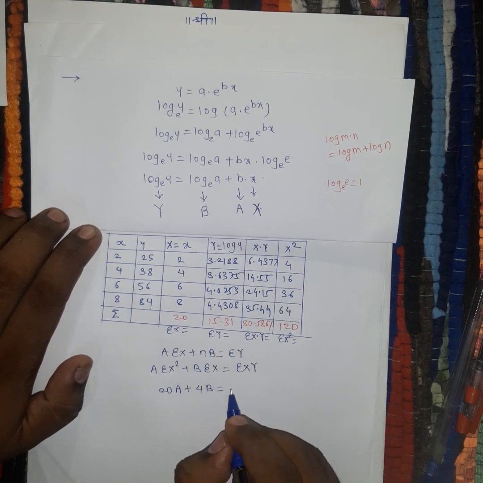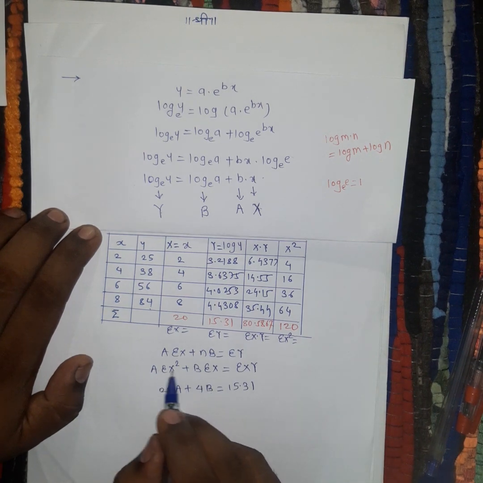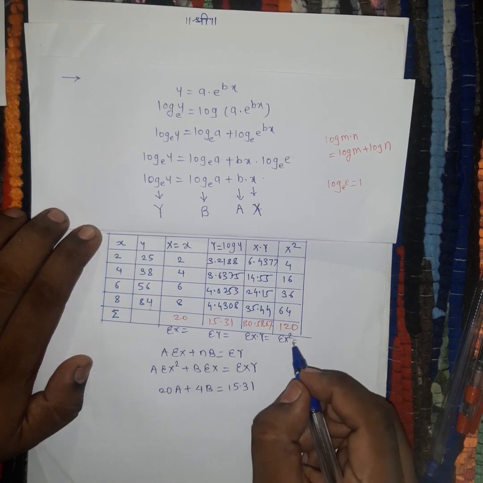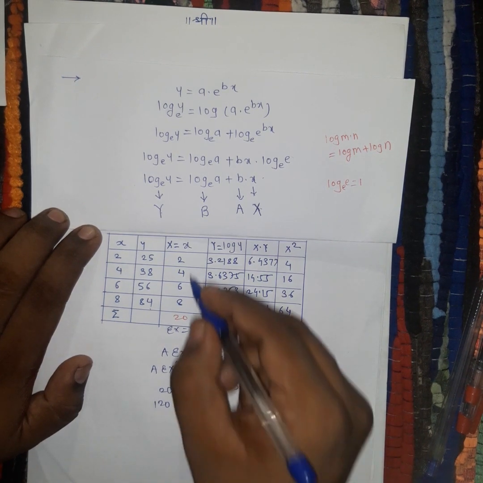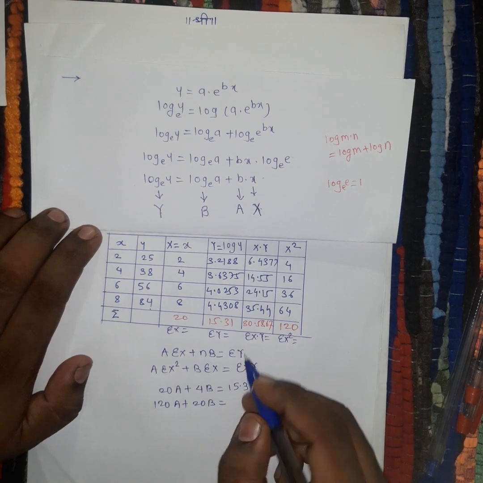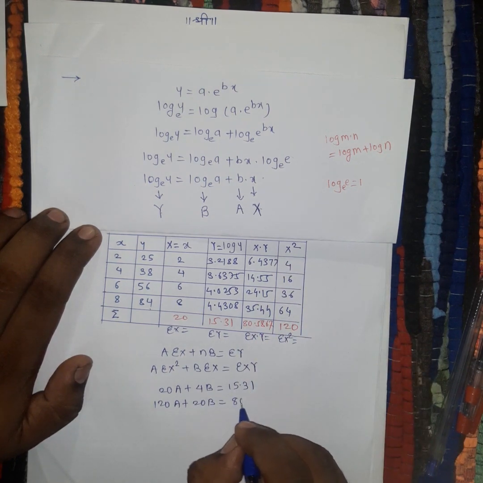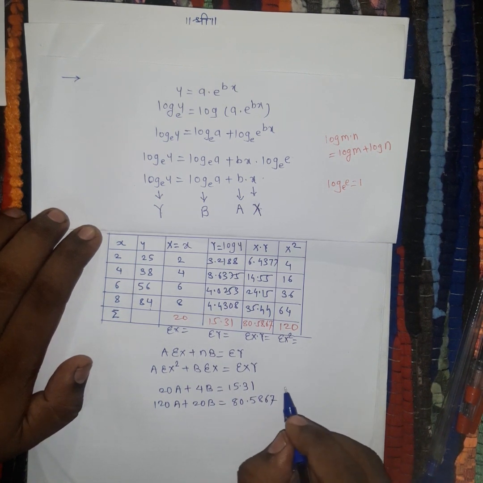Summation y is 15.31. After this, a summation x square: summation x square is 120, so 120a plus b summation x, summation x is 20, so 20b is equal to summation xy. Summation xy is equal to 80.5867. So these are the two equations.